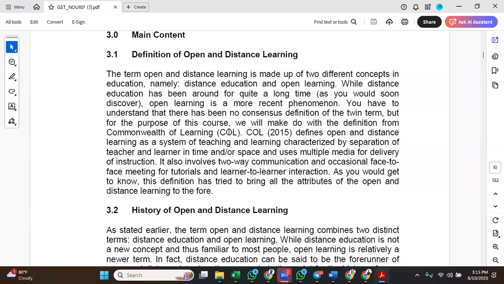And this Commonwealth of Learning gave a definition of open and distance learning in 2015. In 2015, COL defines open and distance learning as a system of teaching and learning characterized by separation of teacher and learner in time and or space, and uses multiple media for delivery. You see this definition?